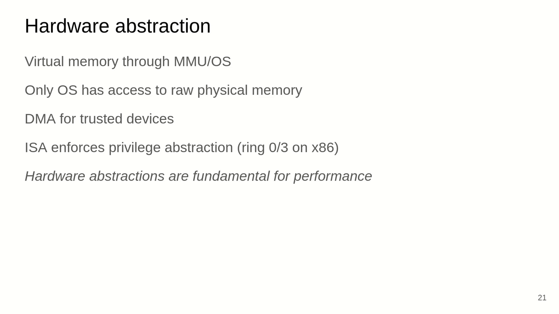So the underlying hardware, the ISA, provides these abstractions to implement privileges. Without hardware support, it would not be possible to efficiently implement such an operating system. So we rely on this for speed and performance. So these hardware abstractions are actually fundamental for performance, and we require those to implement all of these abstractions. These are abstractions that allow us to efficiently implement security primitives on top of it and to separate these components efficiently.